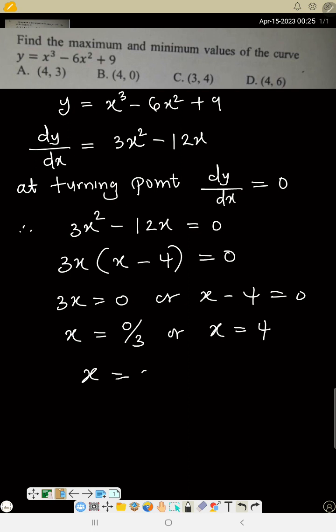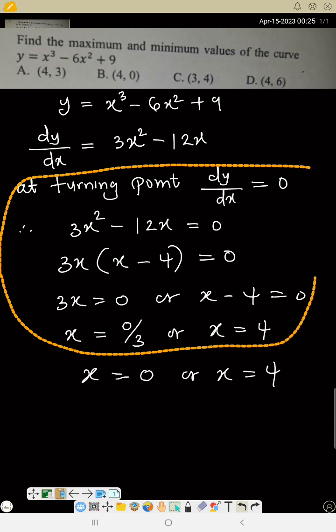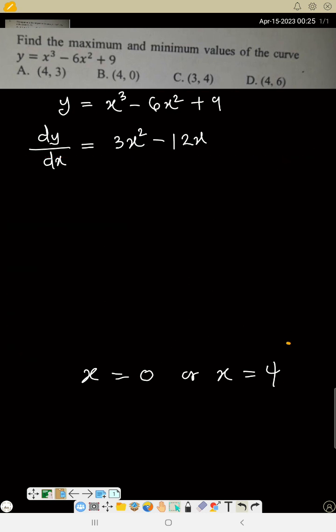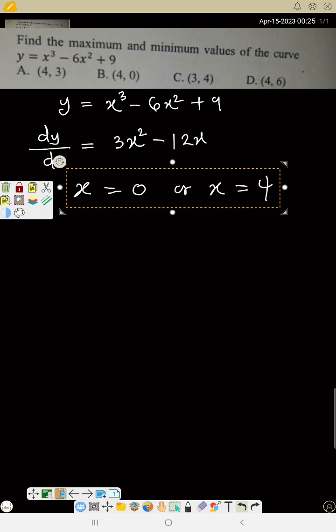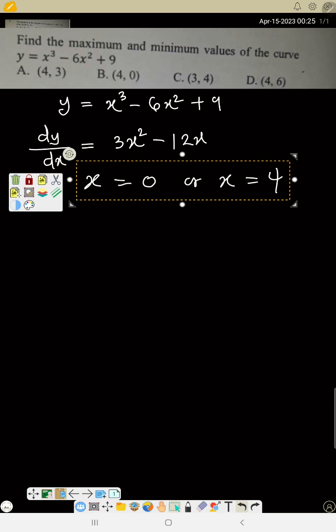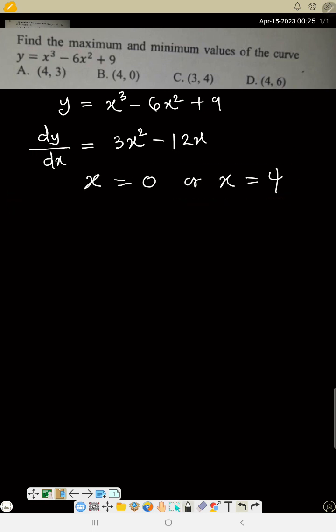So x equals 0, or x equals 4. Now, which of these 2 points is minimum and which one is maximum? So we already know these 2 points, x is 0 or x is 4.